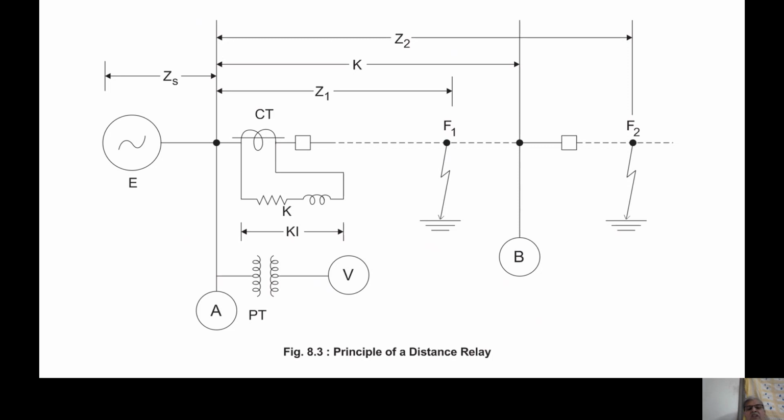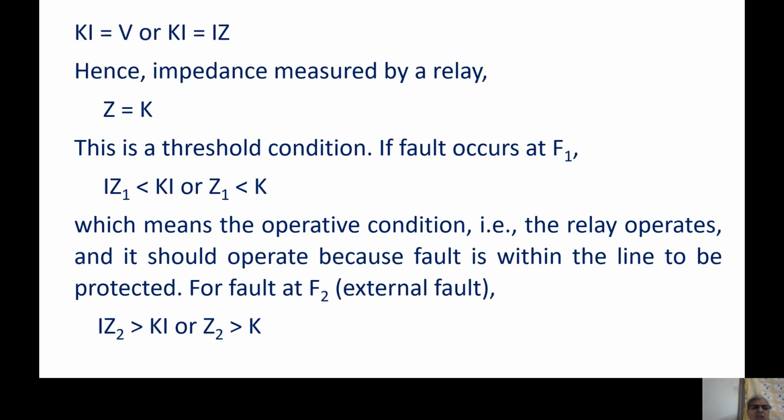So I have got two vectors, Ki vector and V vector. If Ki equal to V, it is a threshold condition. Or in other words, V is Iz.